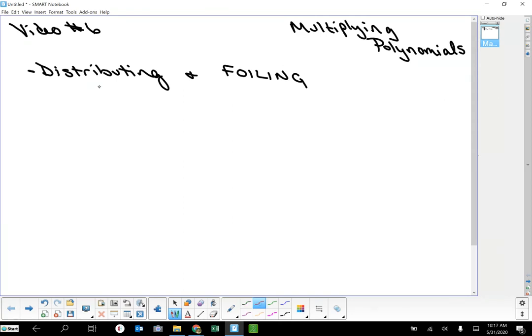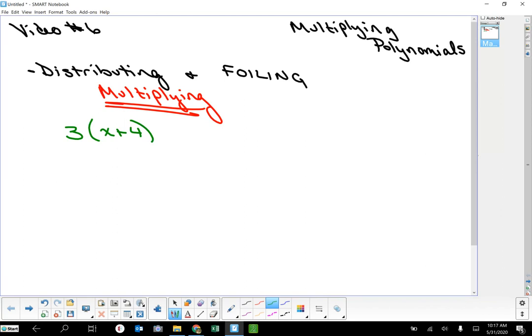So both of these things are talking about multiplying, all right? And so when you're distributing, I'm assuming that you know that that means you have some term bumped directly up against a set of parentheses, and that you know that that implies multiplication.